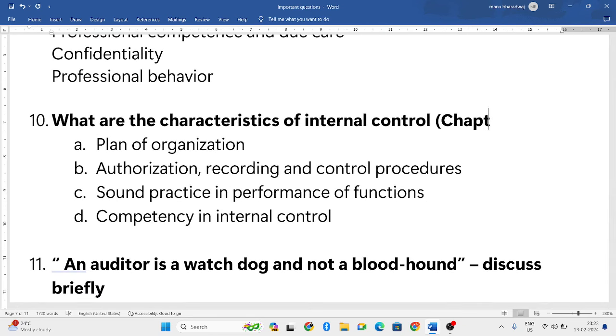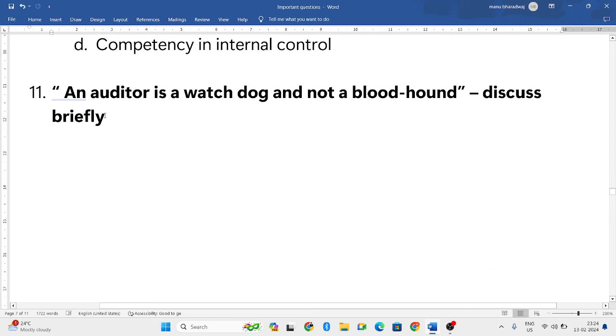This also I have made a video on. You can go through the video on my YouTube channel. One is to have a proper plan of the organization. Then authorization of transactions, recording and control procedures. Good practices in performing the functions. Then it develops competency over the various departments. Those are the 4 characteristics of internal control.